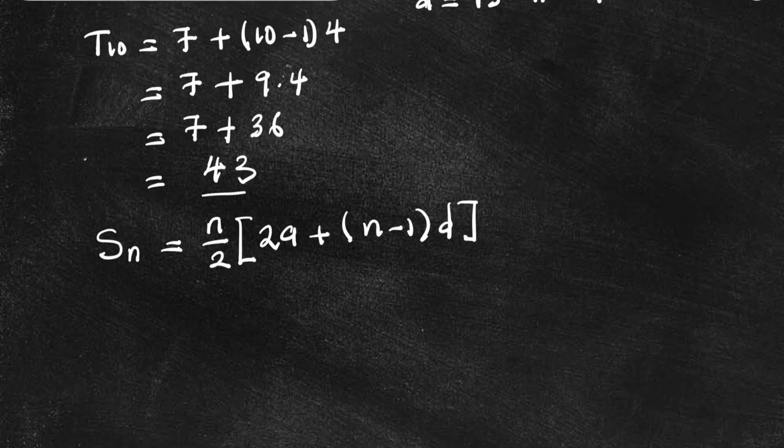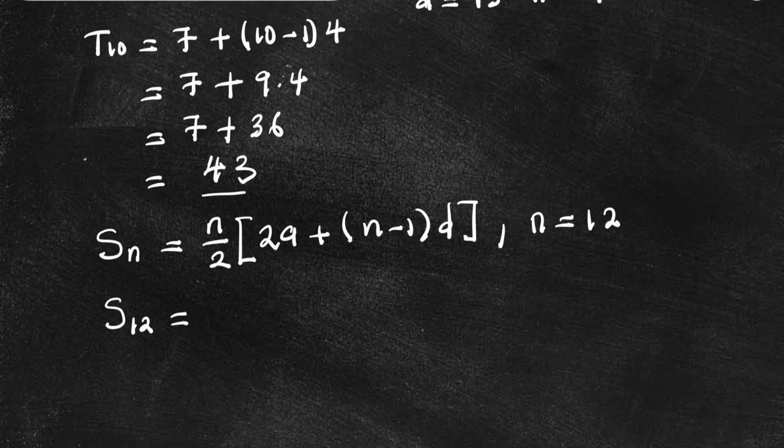Again, please don't use the n from the first part. That was the 10th term, but here we want the sum of the first 12 terms. So n here is 12. We are looking for S sub 12, which means the sum of the first 12 terms.